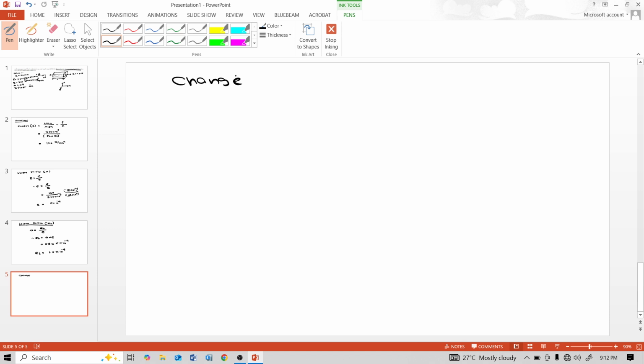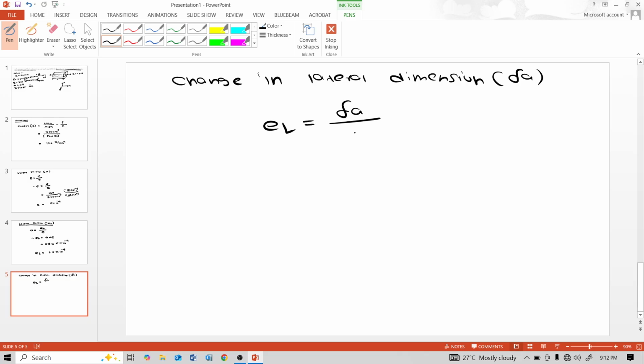Our procedure is correct, but the main objective of this question is to find the change in lateral dimension. Lateral dimension is A and change in lateral dimension is delta A. Lateral strain is equal to change in lateral dimension to the original lateral dimension. Therefore, delta A is equal to EL into A.